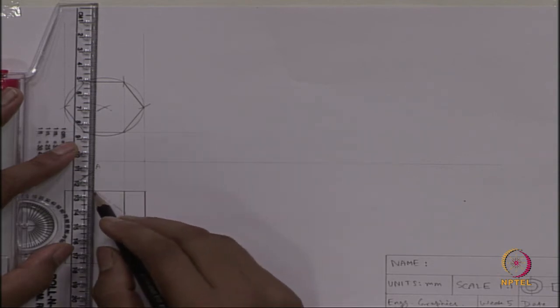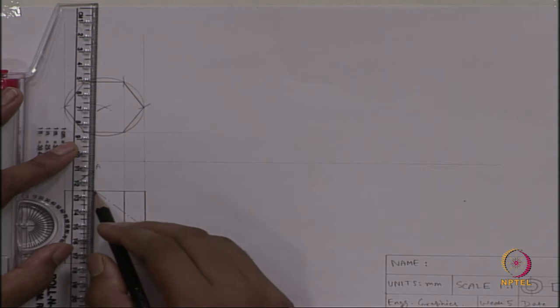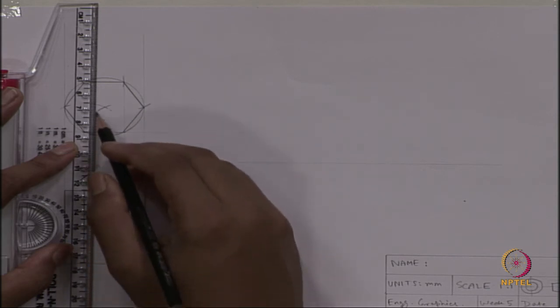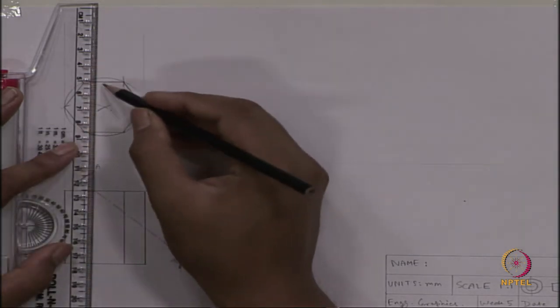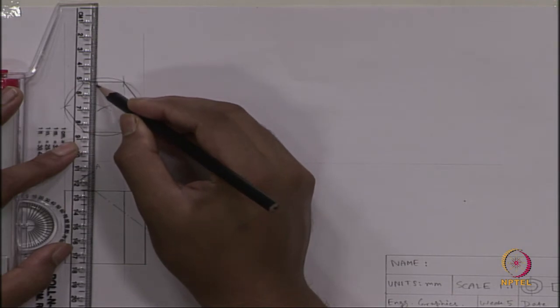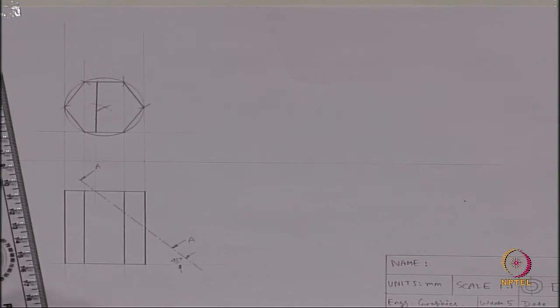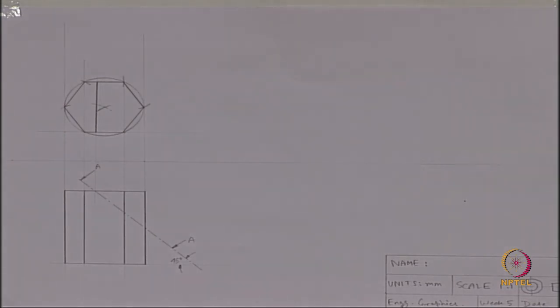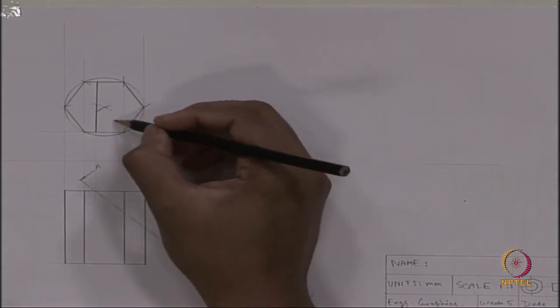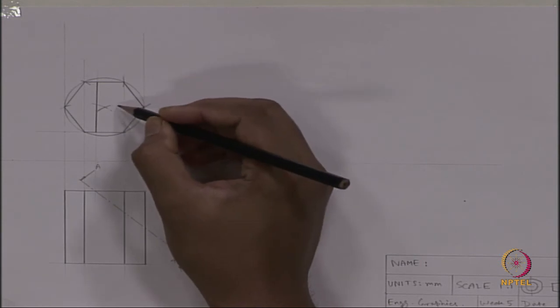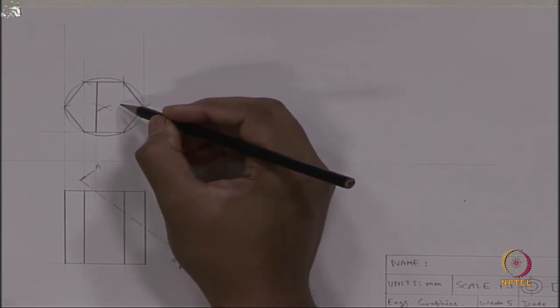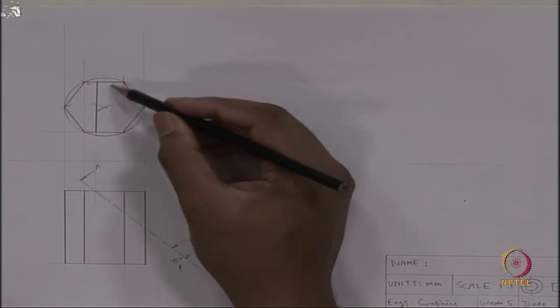From the reference of this, and this part was after the cutting. So, this is the part after sectioning, and we have to make the section lines here.